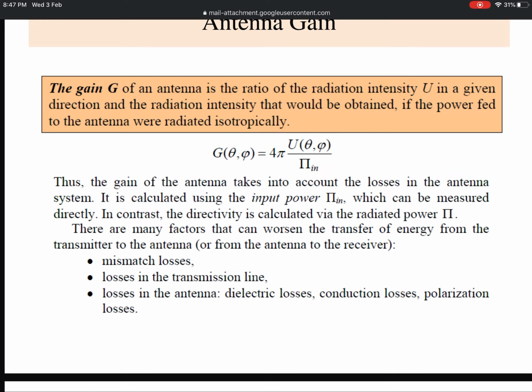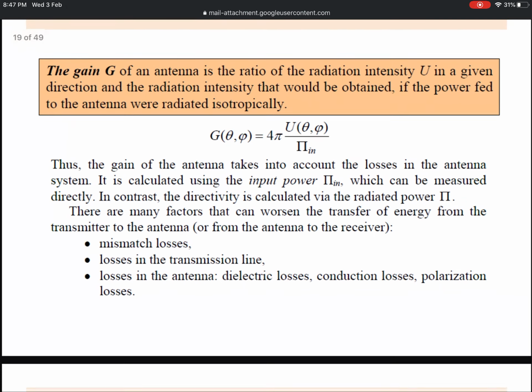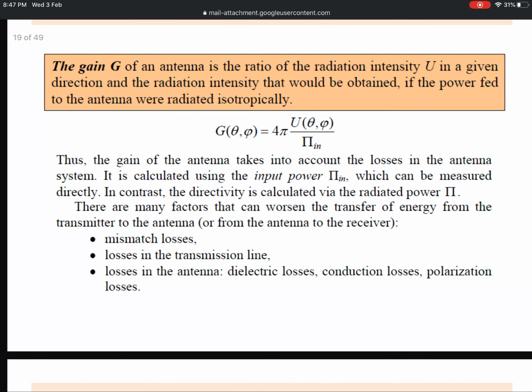There are many factors that can worsen the transfer of energy from the transmitter to the antenna. Mismatch losses, the losses in the transmission line, which is the guided medium that is taking the power and ultimately delivering it to the antenna. Then losses in the antenna in the form of dielectric loss, conduction loss, polarization loss.